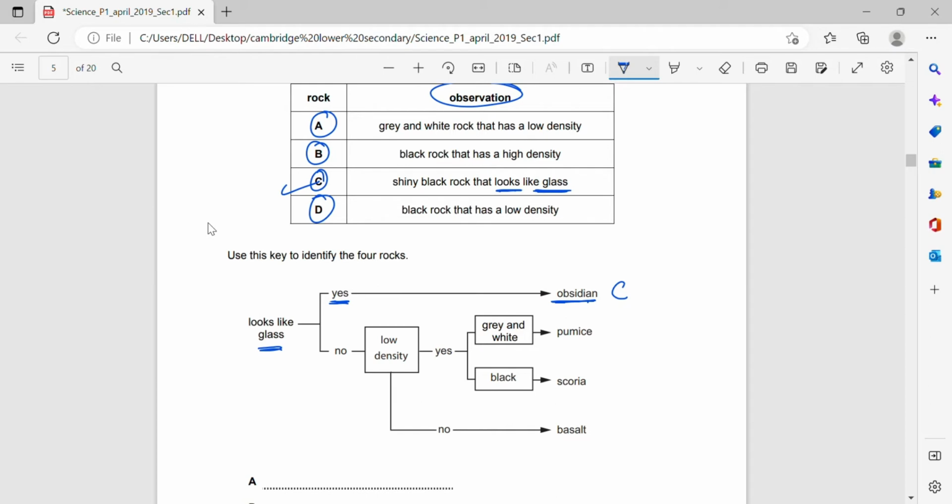طيب looks like glass, no. Low density, yes.